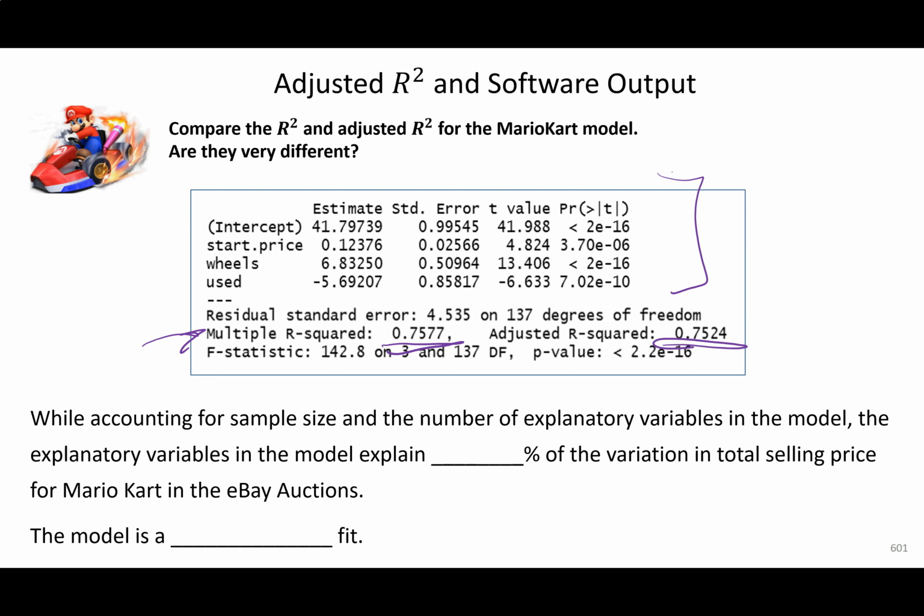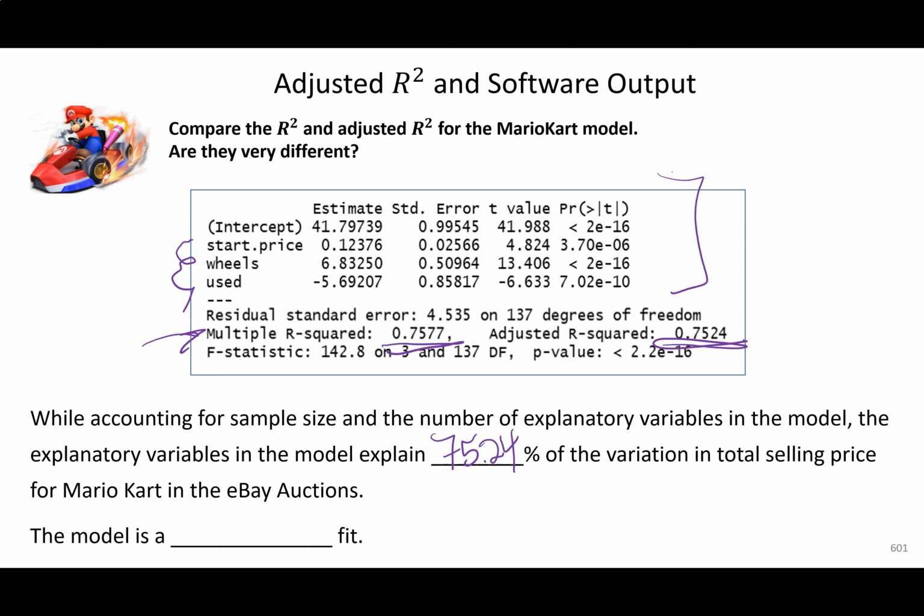Adjusted, so when I do account for the number of variables I'm including, it explains about 75.24% of the variation in the total selling price, accounting for the fact that I have 3 variables.